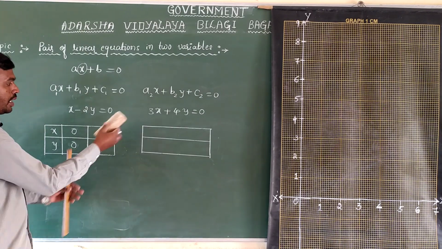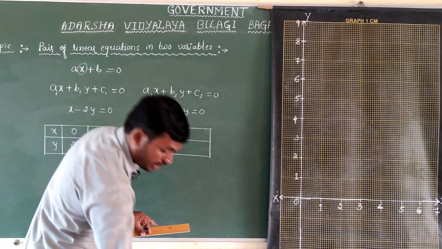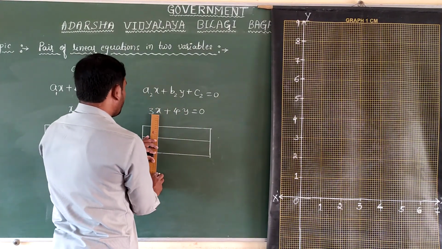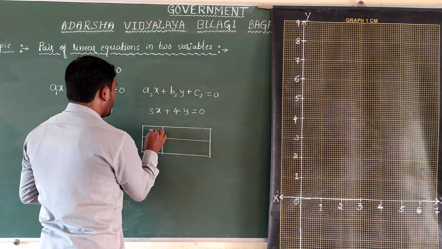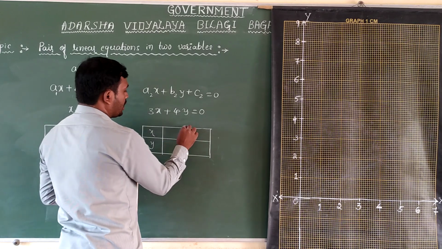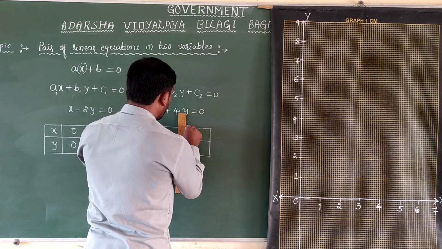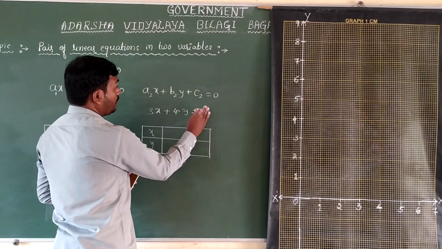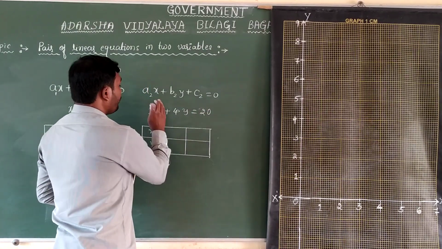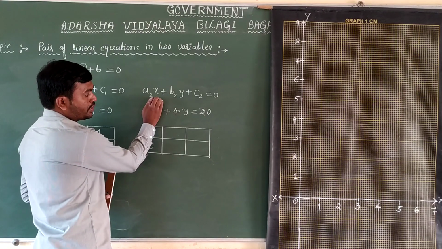In the same way, here also we can calculate for the second equation. Here also we will take the values for x and then calculate the value for y. I am going to do the same procedure. Sorry, this is 20. If I hide x here, what is going to be left here?